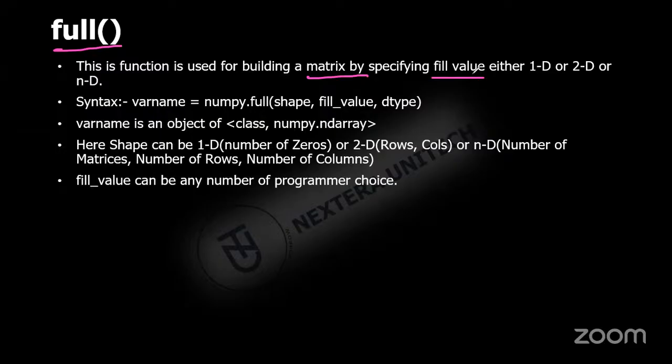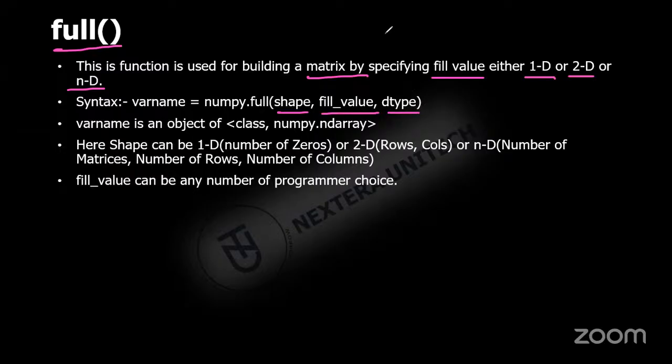By using this fill value, it is going to return an array, and this array can be one-dimensional, two-dimensional or n-dimensional. The syntax for the full function is shape. Shape is mandatory, then the fill value, whatever value we have to use for filling the object, and the dtype.